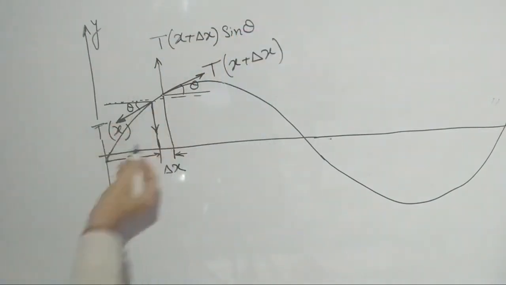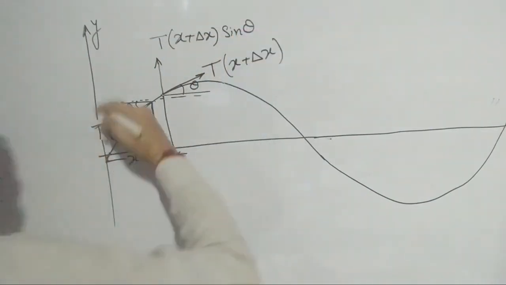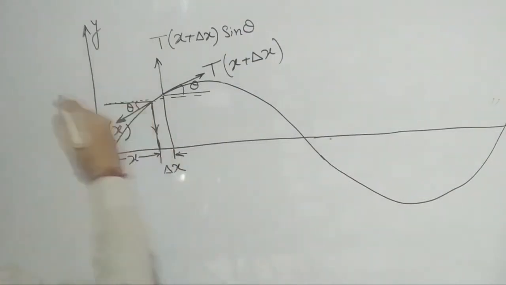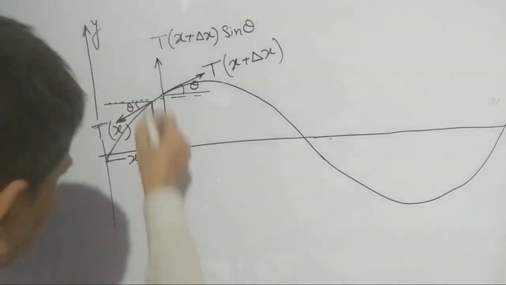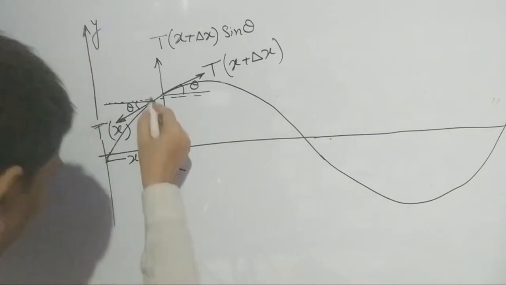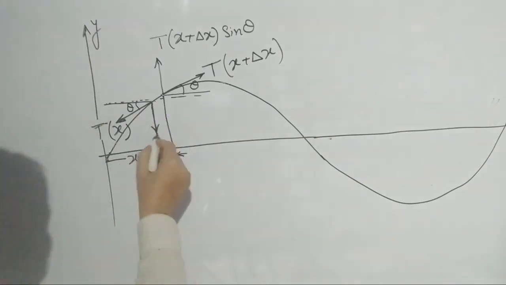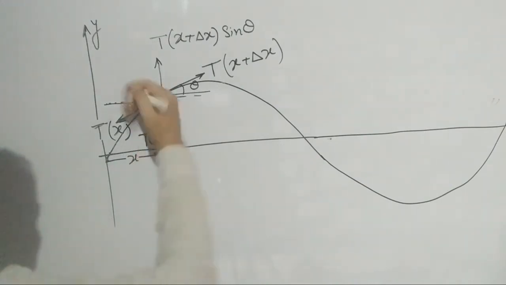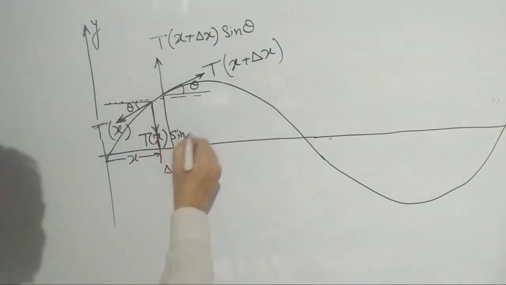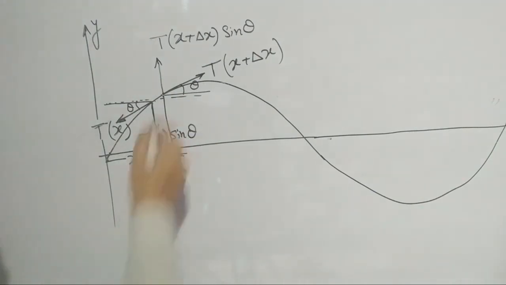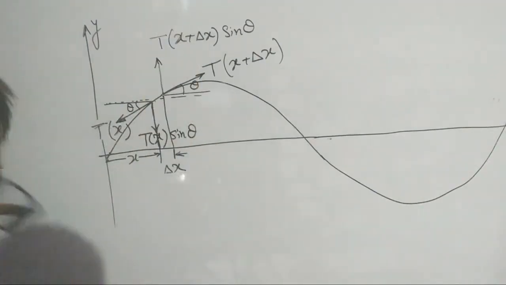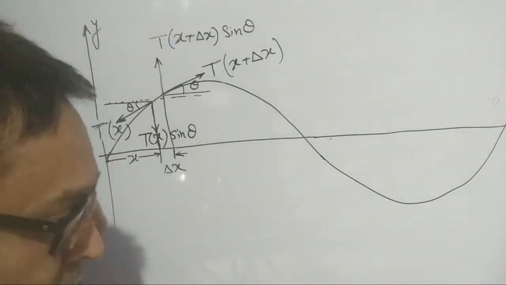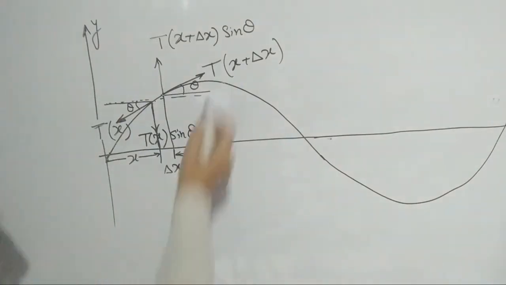And this tension at a distance x also has a component along this, but we do not want this horizontal component, we only require the vertical downward component. So this downward component is T at x sin theta. So we have one component upward and one component downward.